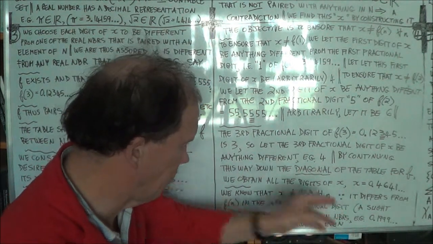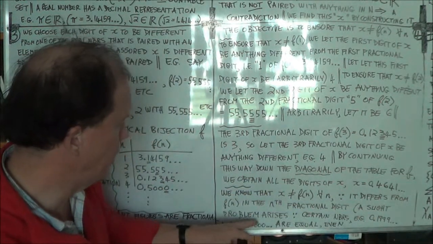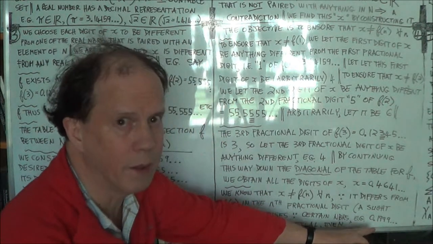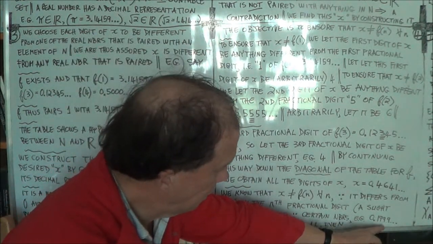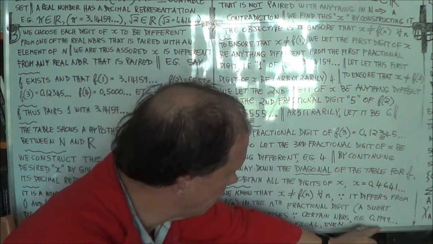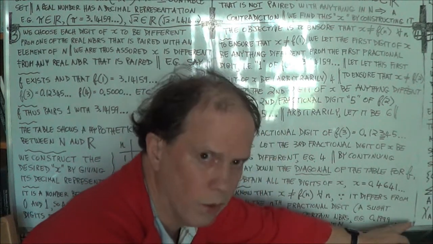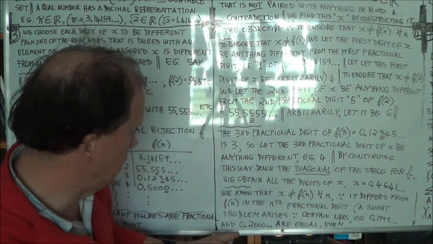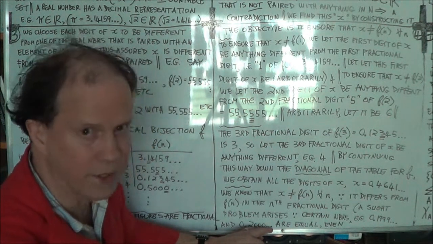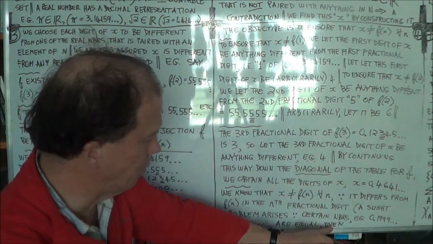Now, I debated whether to put this in or not. It's a bit of a complication. There might be a slight problem. For example, when you're talking about real numbers with an infinite number of digits, then 0.1999... with all nines, and 0.2000... with all zeros, are actually equal, so you might have a bit of a problem.